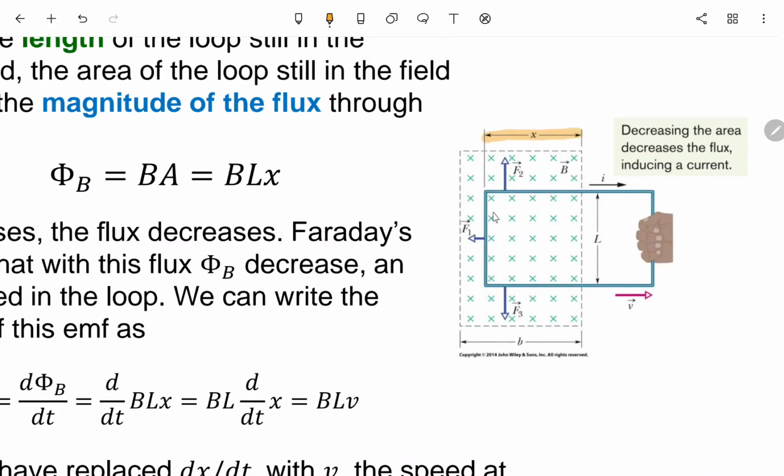We count it from the left edge to the edge of this B field, because only in this region will we have a B field going through the loop. Of course, this loop is moving to the right, so x is actually a function of time.